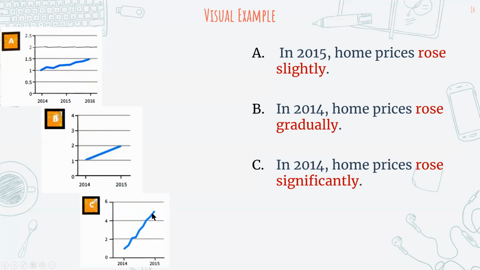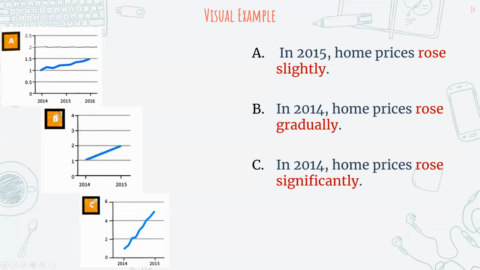This is a significant change because it rose from maybe exactly 1 million pounds to a solid 5 million pounds. So it rose significantly. I hope it's now clear to you what the meaning of slightly, gradually, and significantly is.